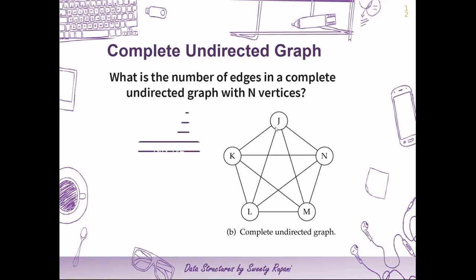So we say that it's n into n minus 1 divided by 2. So for 5 vertices, we would need 5 into 4 divided by 2, which gives me 10. So 10 edges are required to complete this undirected graph.